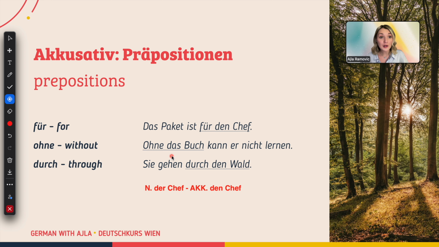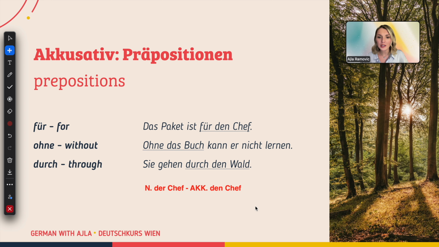So das Buch here is in accusative as well, but we don't really see a change happening because this is a neuter noun. Remember, neuter nouns never have a visible change. Das Buch, Nominativ, das Buch, Akkusativ. Ohne das Buch kann er nicht lernen.